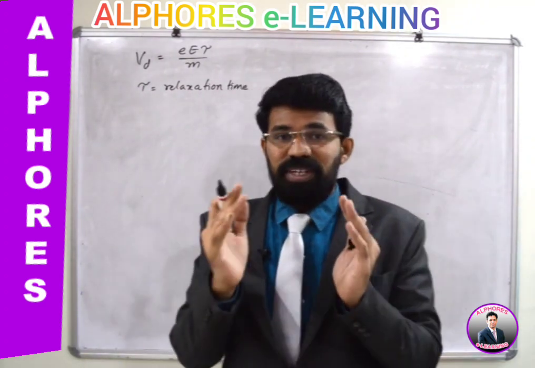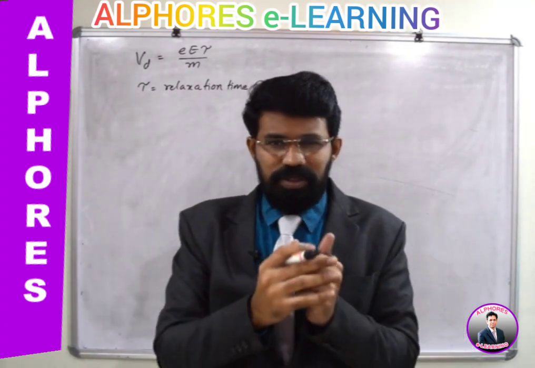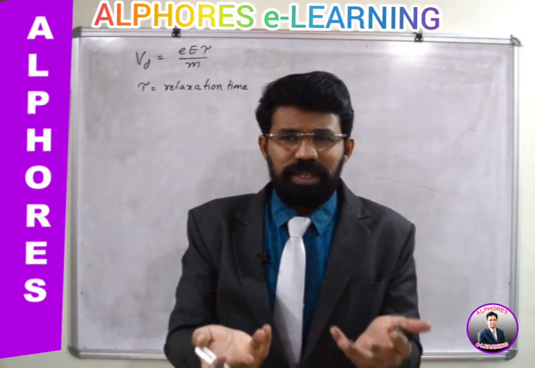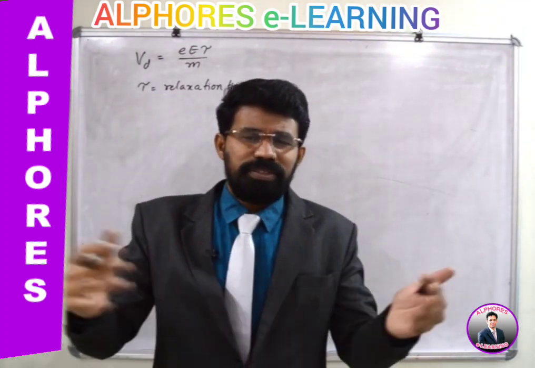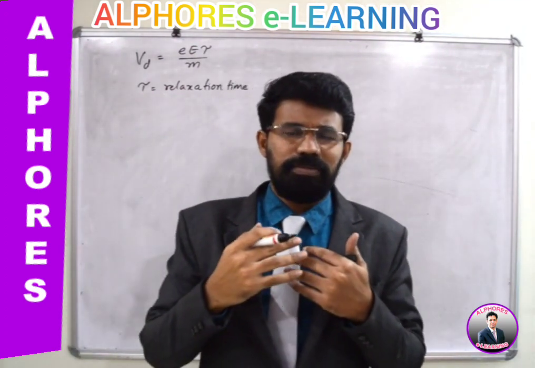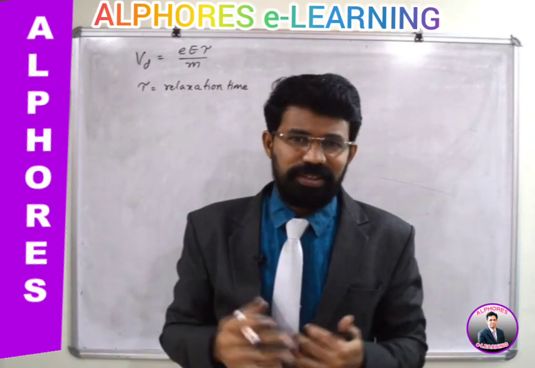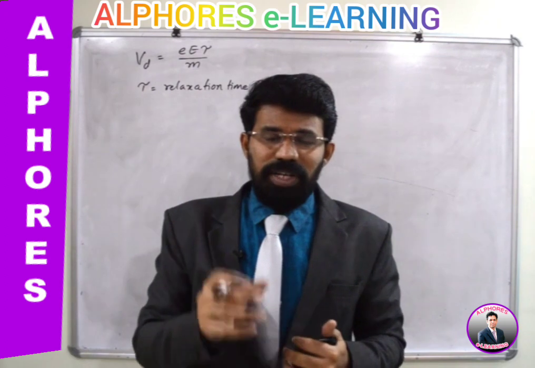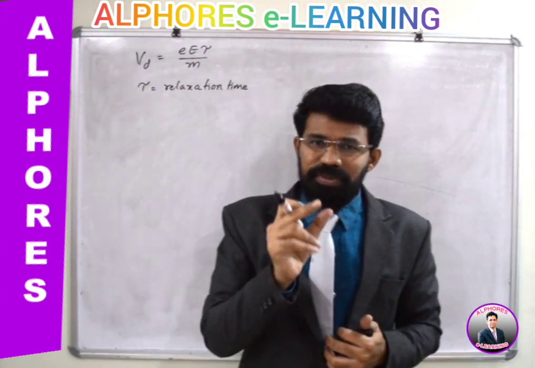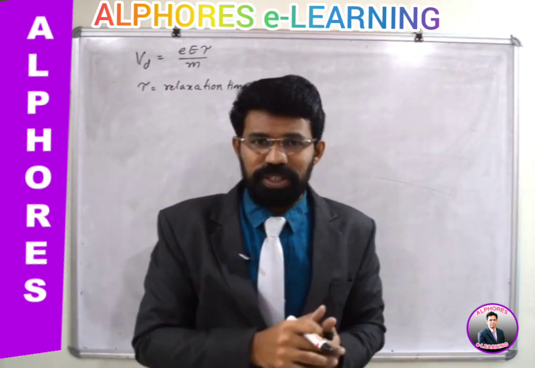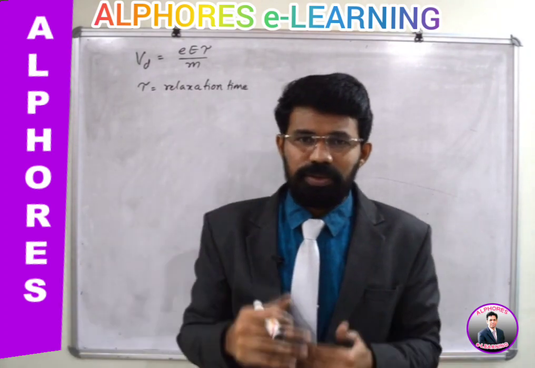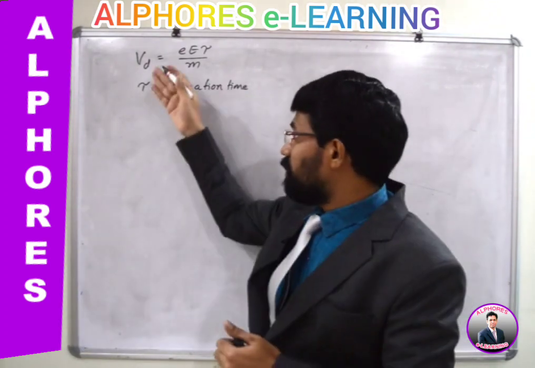Children, remember, we are dealing with a random system. The electrons moving inside the conductor are moving rapidly in random directions, with different values. So if I want to talk about any physical quantity associated with such motion, I don't have a choice, I need to go to average values only. So all these are average values.